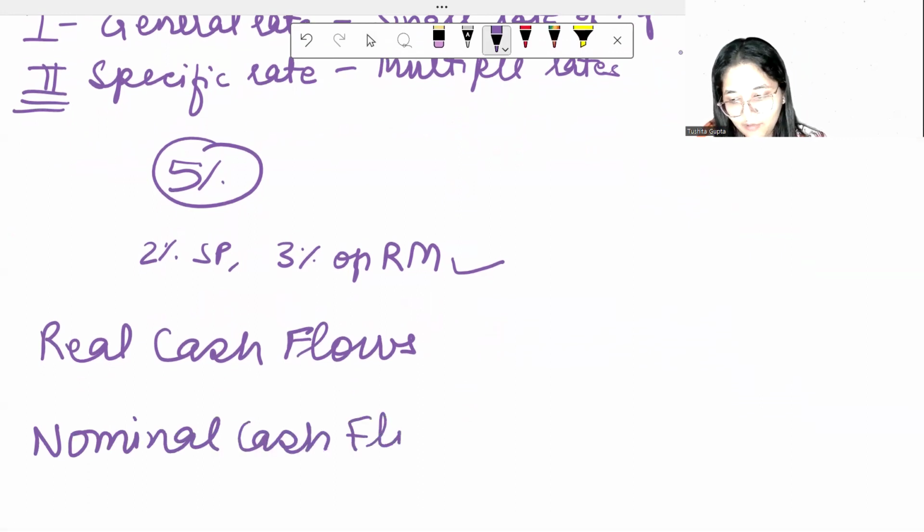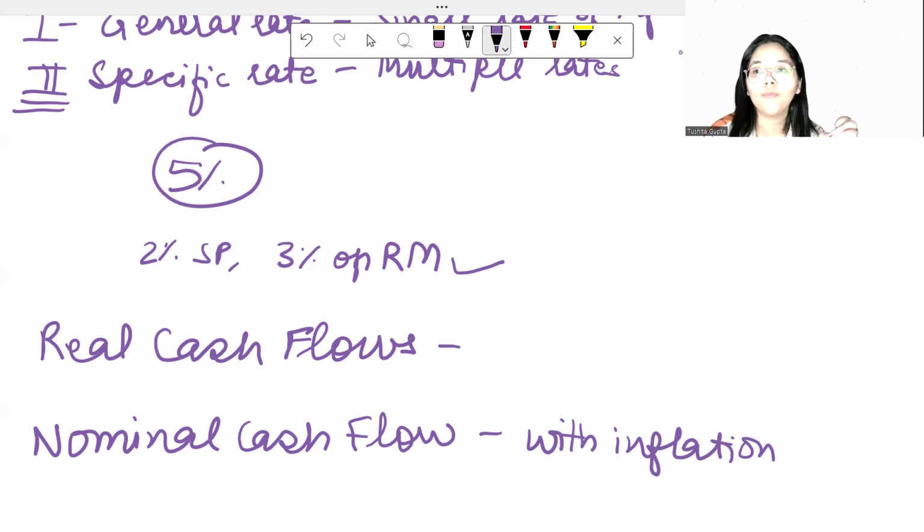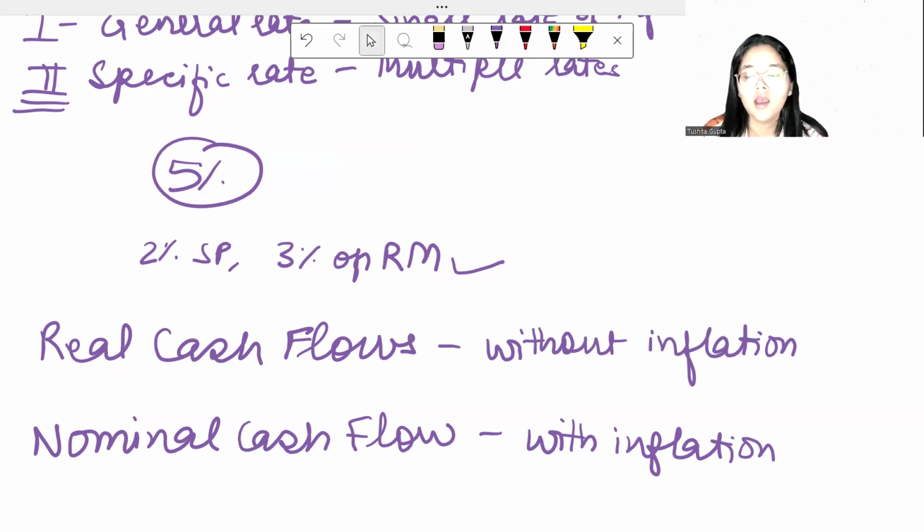If you are accounting for inflation, then you are presenting your flows in the form of nominal cash flows. So this is with inflation. And if you're removing the aspect of inflation from cash flows, you're just looking at how much something is really worth, then you're looking at it without inflation. So this is the primary difference between your nominal cash flows and your real cash flows.